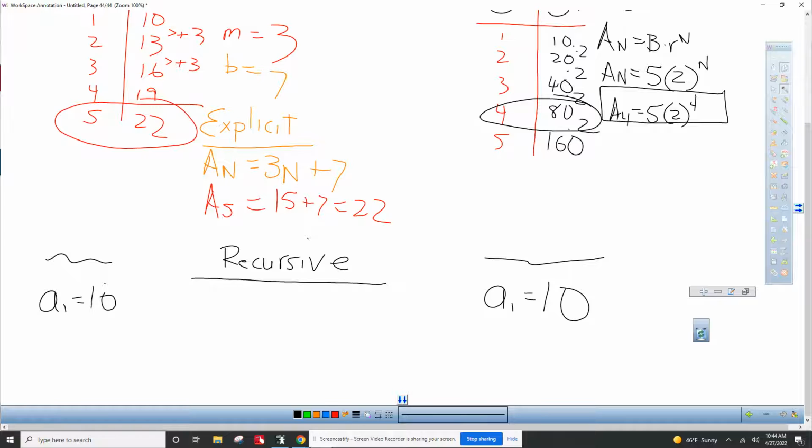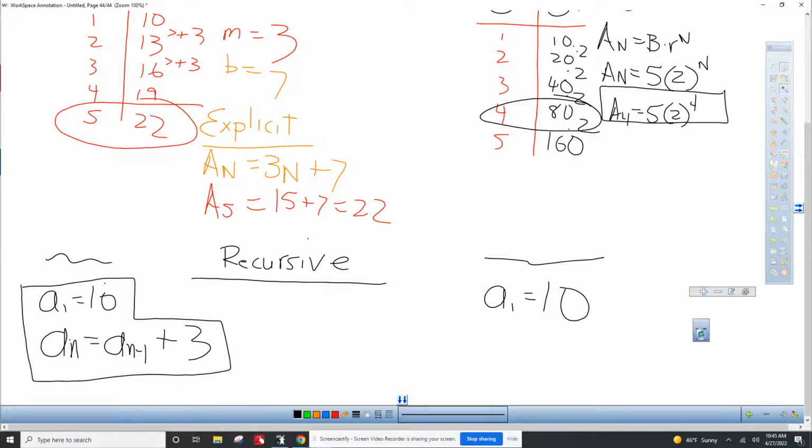So tell us where to begin. Tell us what the first term is. Then, this is actually not that bad. To find A sub n, any number, you take the previous number. Well, in this one, we're just adding 3. That's the recursive. All of this is the recursive formula.